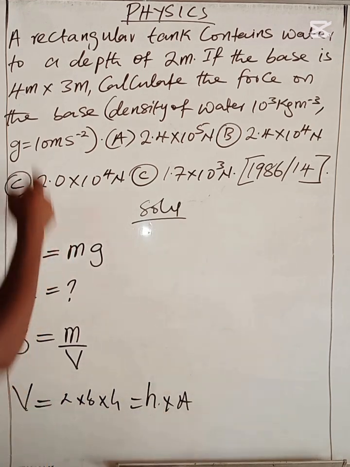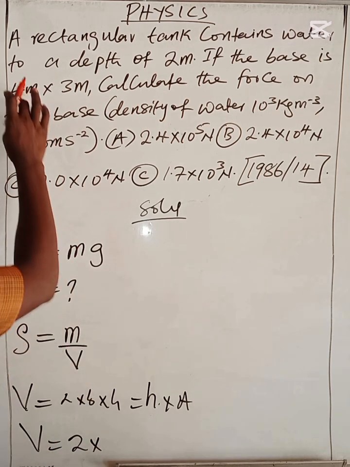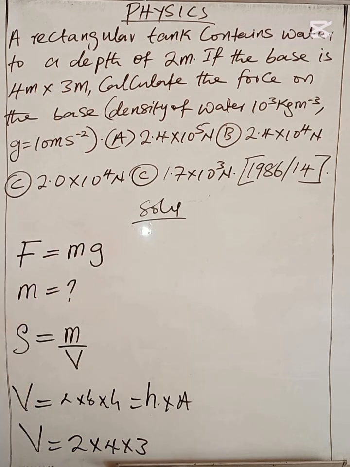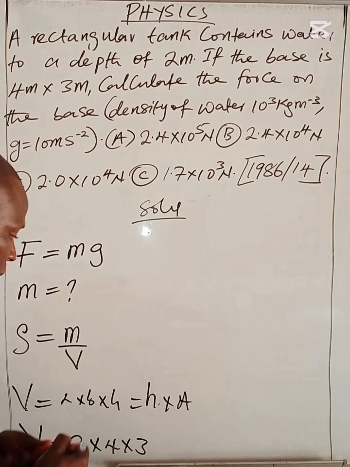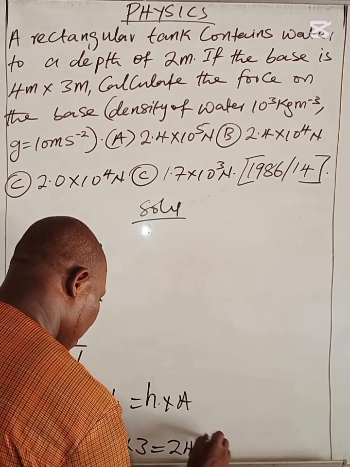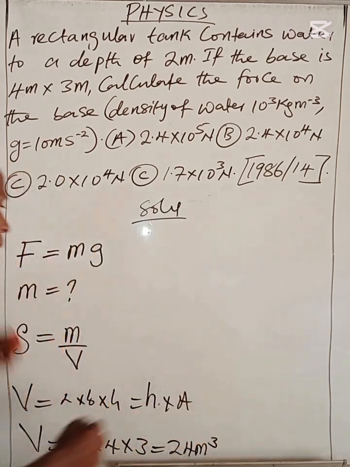Our height here is 2, that is the depth of the tank, times area, which is 4 times 3. So 2 times 4 is 8, and 8 times 3 gives us 24 meter cube. This is our volume.